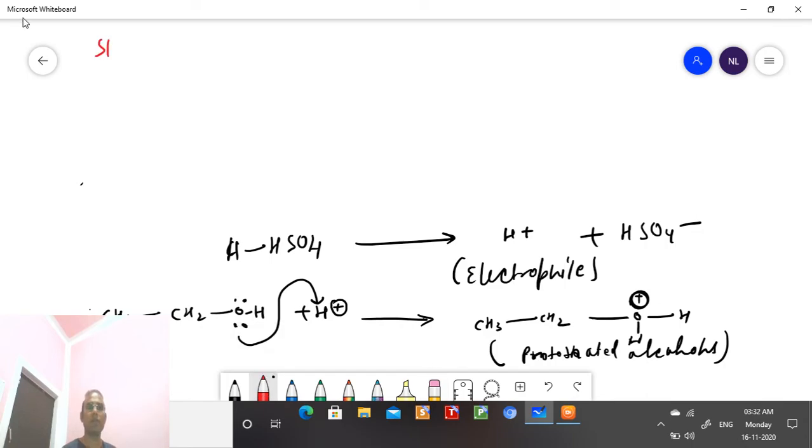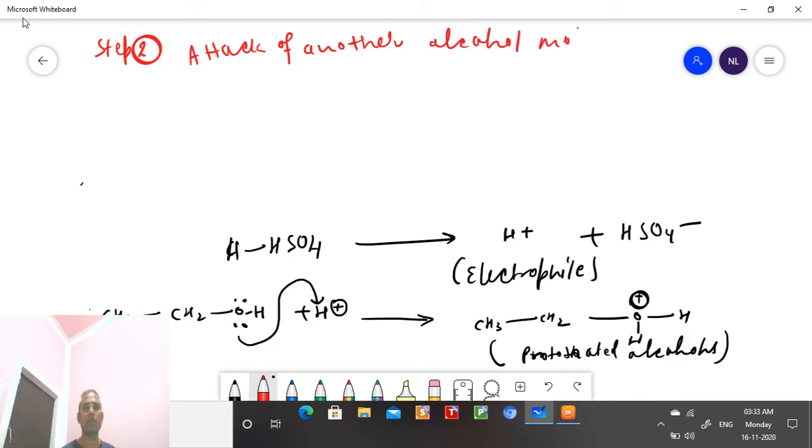Step number 2 is the attack of another alcohol molecule on the protonated alcohol.